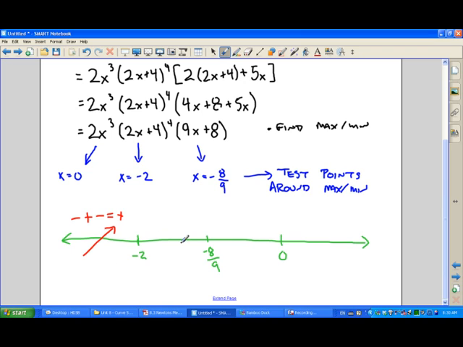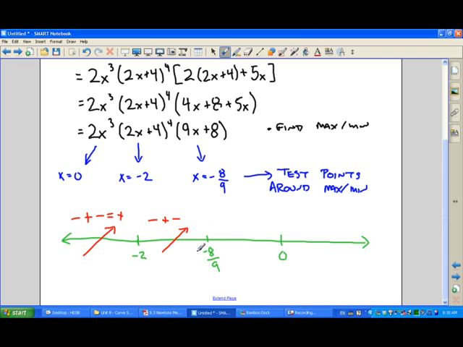If I pick a value like -1, and I sub it into my derivative, I get a negative factor, a positive factor, and a negative factor again. So my slope is still increasing, going up.